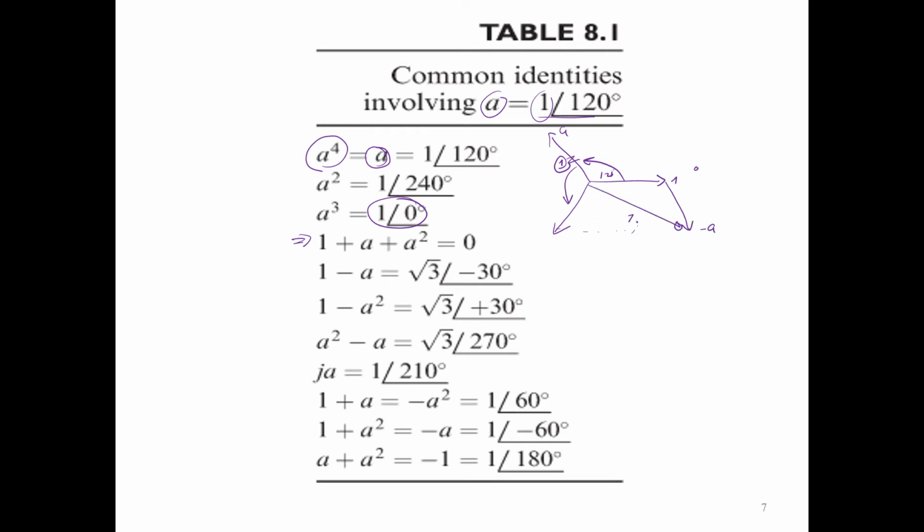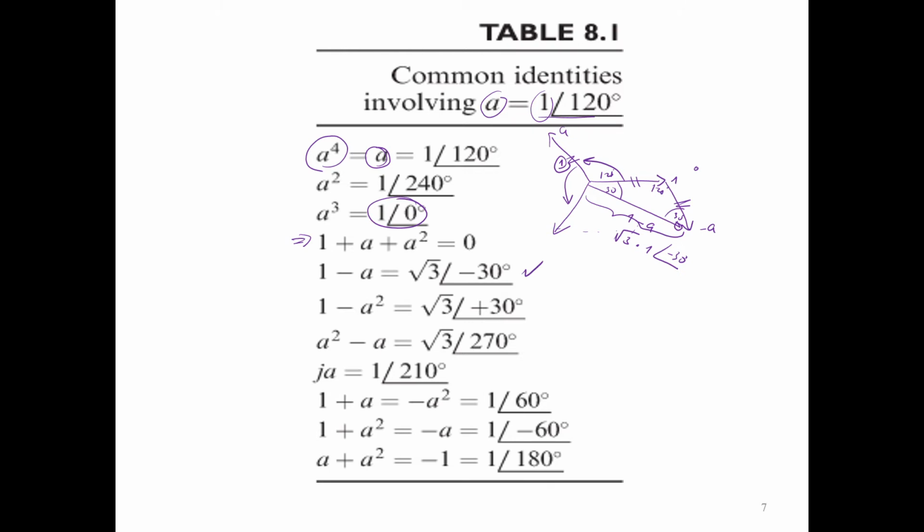Everybody knows this is an equilateral triangle with sides 1 and 1, and the angle here is 120. So this becomes 30 and 30. The length of this vector is square root 3 times the length of this one, and the angle becomes negative 30. So you get this one.